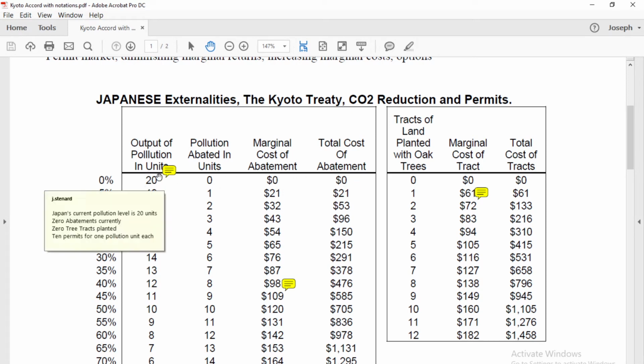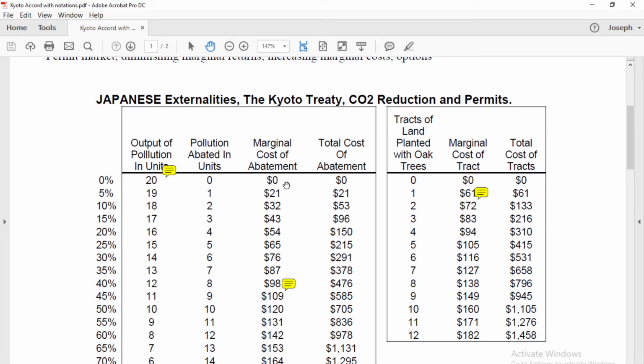So if Japan wanted to do an abatement effort, they could reduce the amount of pollution that they're doing, but it comes at an expense. They could, for instance, switch to some cleaner type of coal, and that would mean that their cost would increase by 21, and their pollution would reduce down to 19.